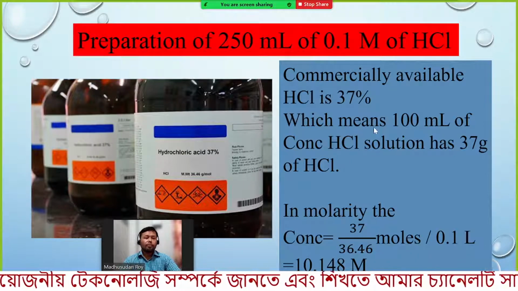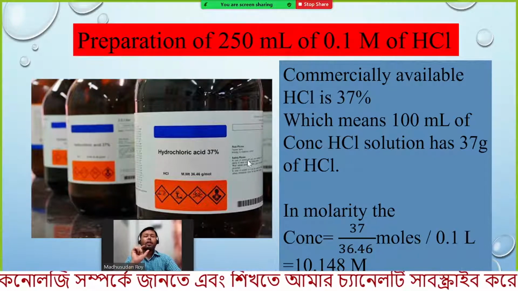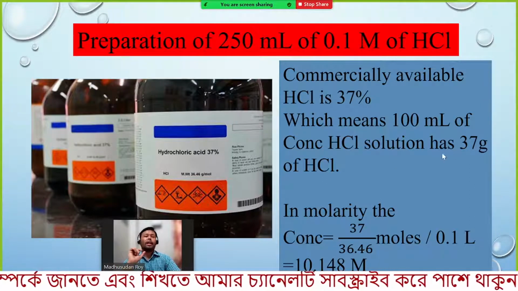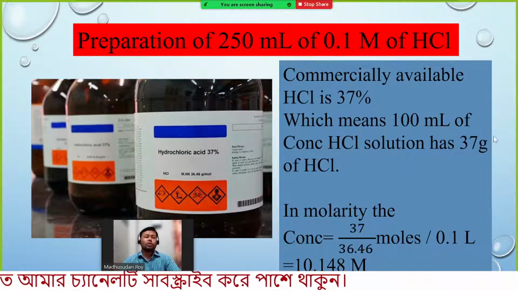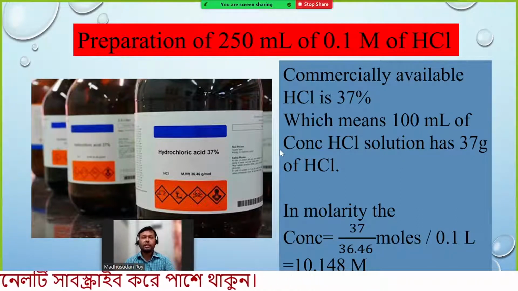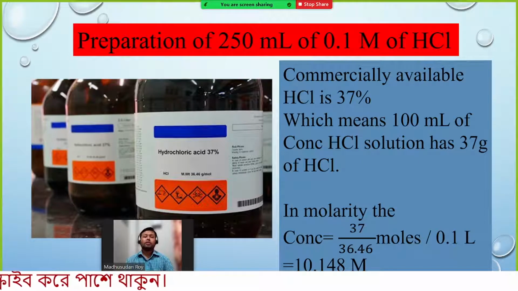We have mentioned that 100 ml of the solution has 37 gram. That means how many moles? To get the molarity, you need to know the concentration in mole per liter. So how many moles of hydrochloric acid are in 100 ml of concentrated hydrochloric acid solution?